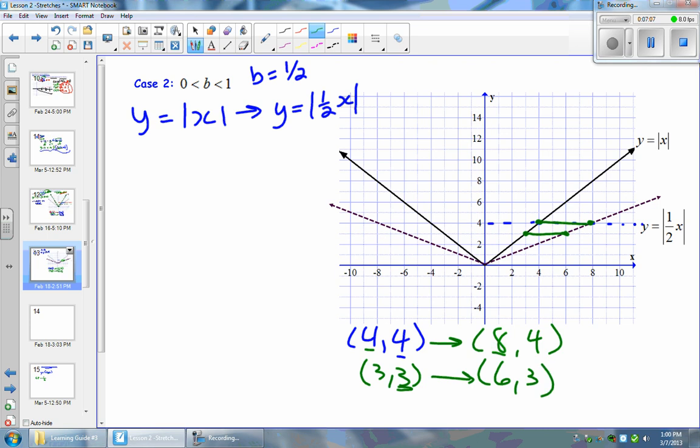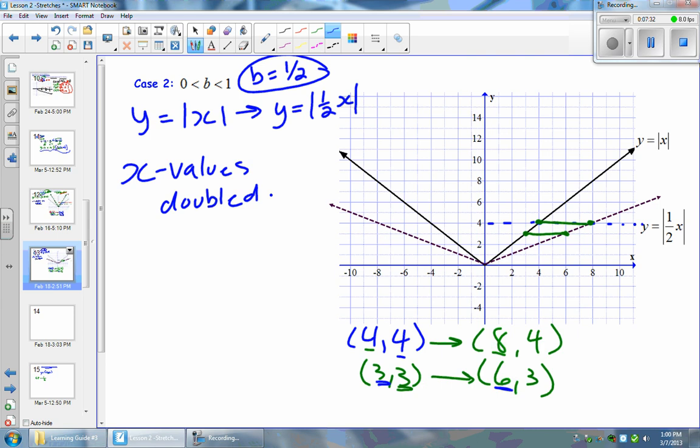Okay, so y values stay the same, which is good. But what happened to the x coordinates when we applied a horizontal stretch? Well, my x values doubled. And once again, what was our b value? Our b value was 1/2.